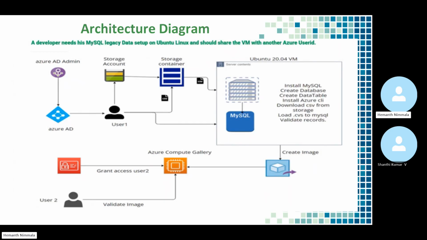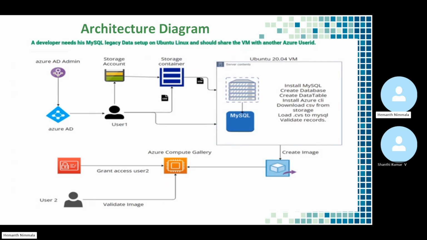And then we install the database, which is MySQL here. Once that is done, we will download this blob file from the storage container onto the database. And from there, we will import that data into one of the tables. And once that is done, we validate the data in the employee table.